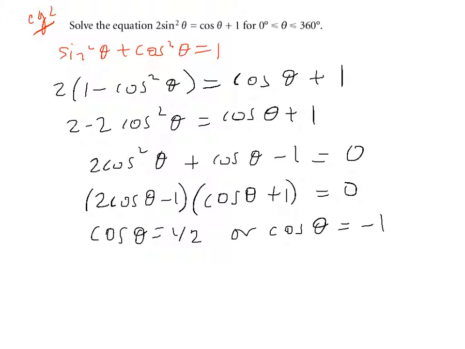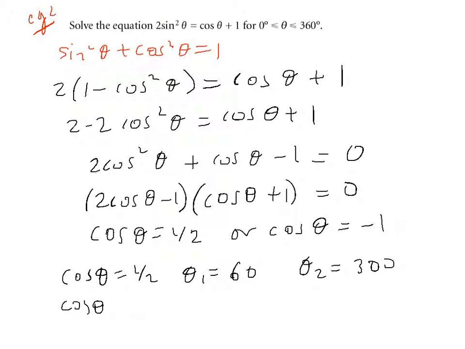Again, if we solve it, for 2 cos theta minus 1 we get cos theta equals a half. So we put that in a calculator, we should get 60. Do 360 take away 60, which gives us a second value, 300.